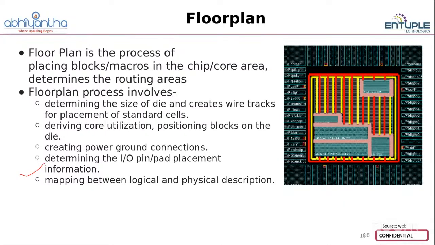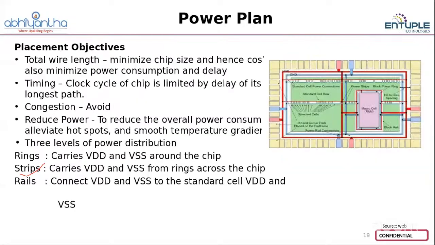Based on your number of macros and IPs, we need to choose the remaining area for the logic cell placement. That is what is done in the first stage, called the floor plan. In the second stage you can see the power plan.